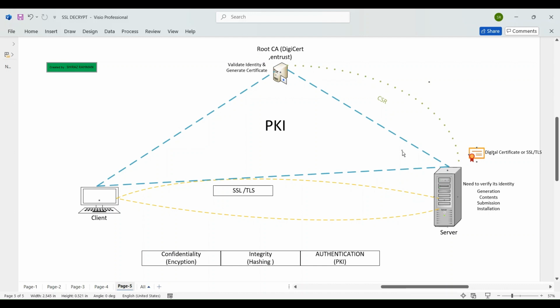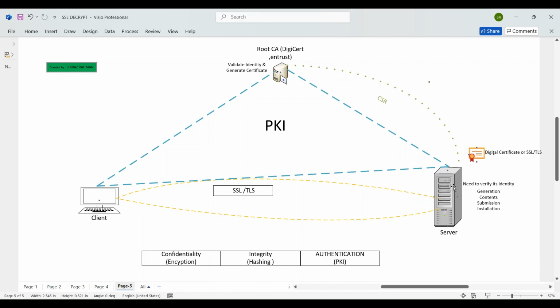So how will the server get a certificate? In the PKI, the server needs some sort of certificate, right? Like a human citizen who wants to prove their identity needs a passport or a country card, right?